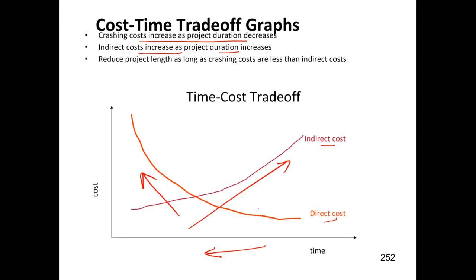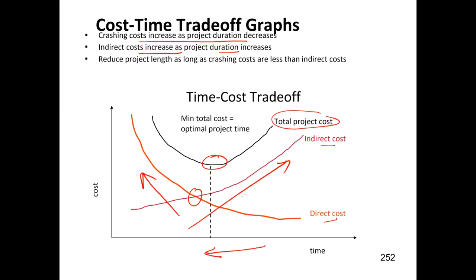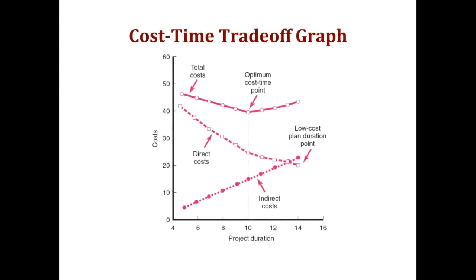So here, for instance, if this is the curve, possibly this is providing us with the best time cost trade-off. Reduce project length as long as crashing costs are less than the indirect costs. Here you can plot a summation of both of these, and based on this, you can see that this zone is providing you with the minimum total cost and optimal project time.